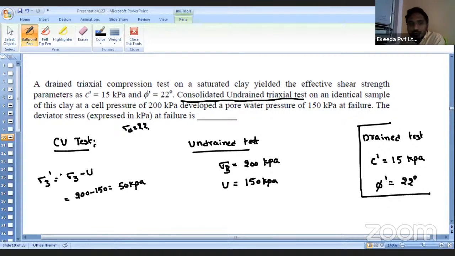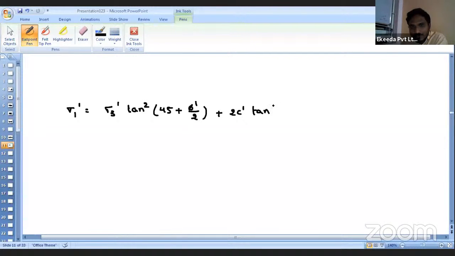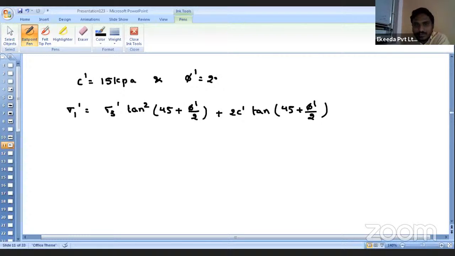Now let us recall the equation for a drained test: sigma 1 dash equals sigma 3 dash tan square of (45 plus phi dash by 2) plus 2c dash tan of (45 plus phi dash by 2). From the given data, the effective cohesion is 15 kilopascal, and the effective angle of internal friction is 22 degrees.